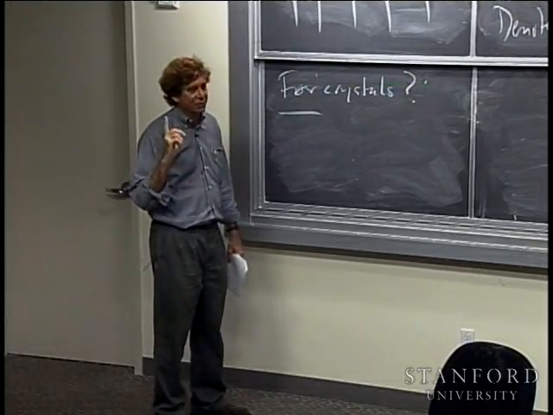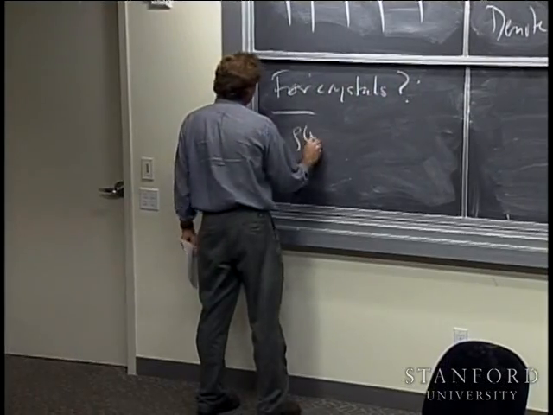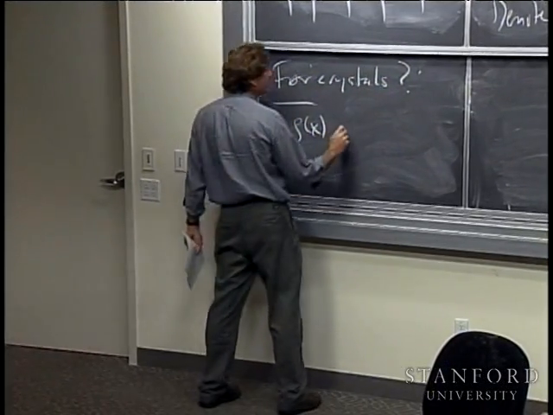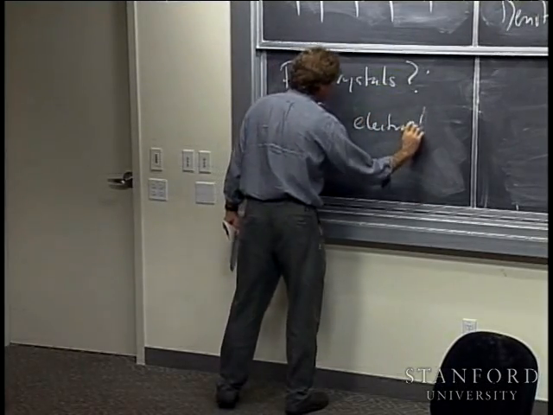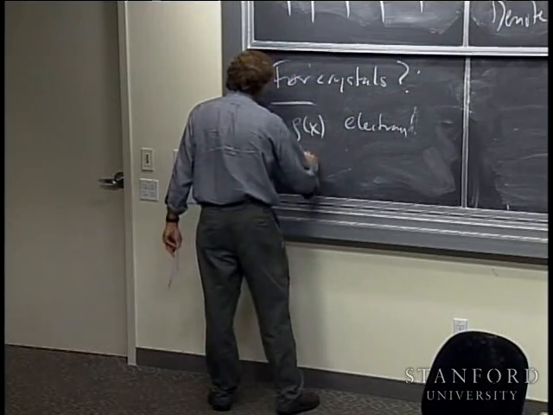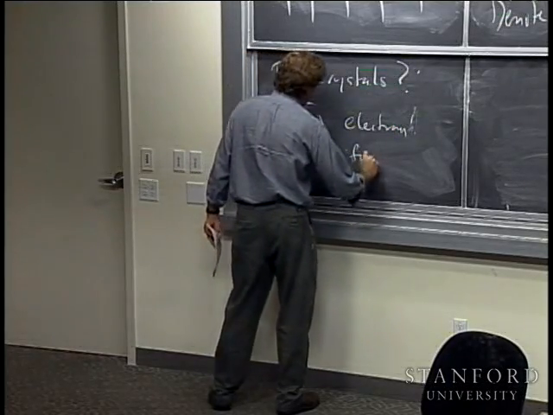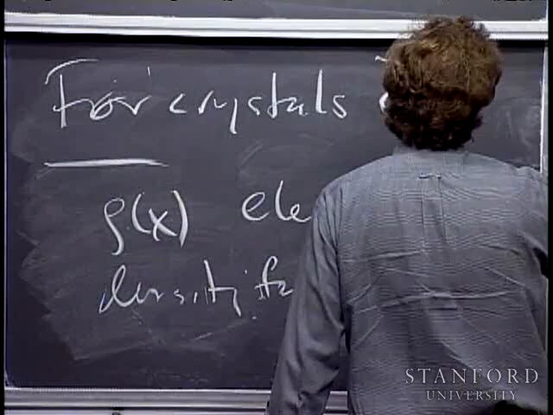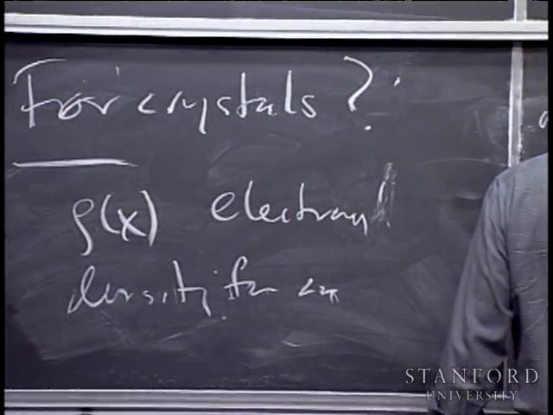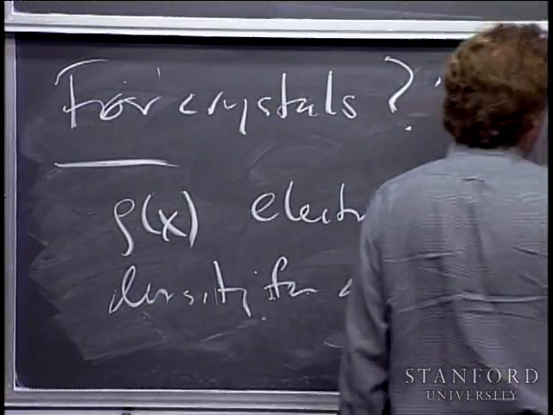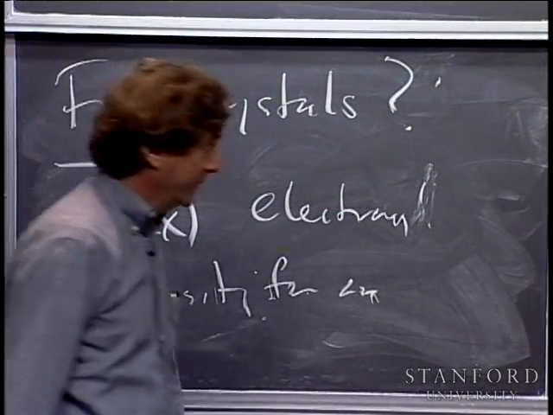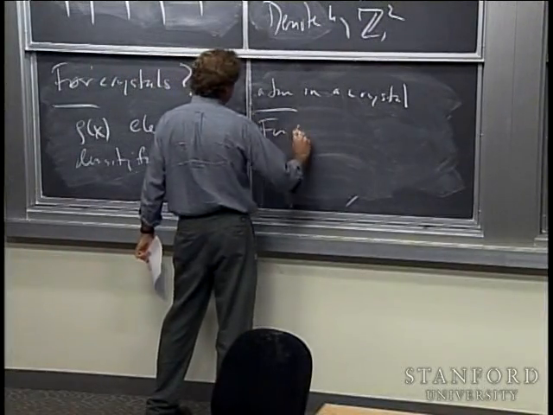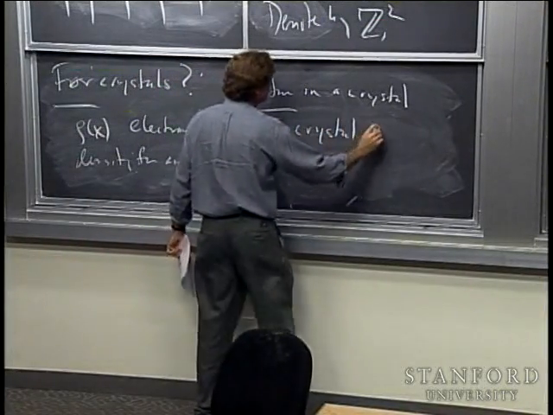Crystals have a periodic structure. So rho of x in 2 dimensions now is the electron density for an atom in a crystal. The electron density distribution for the whole crystal is a periodized version of that.